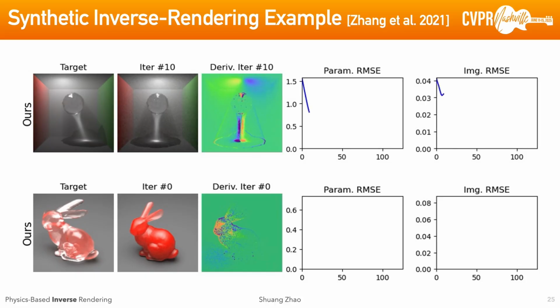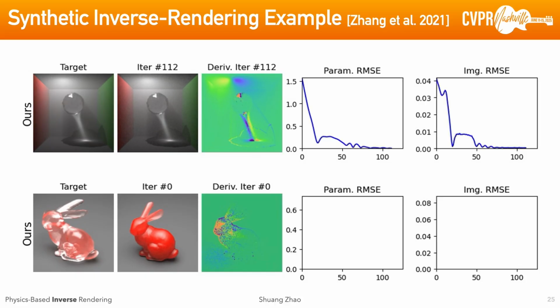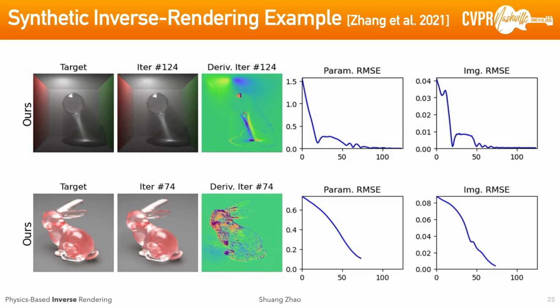On the bottom, we optimize the shape of the bunny and also the surface roughness and optical density. So that can be done too. Again, all these are very toy problems, but they demonstrate the power of these underlying methods. Next, I'll start talking about the actual main focus, the inverse rendering problem and the pipelines.